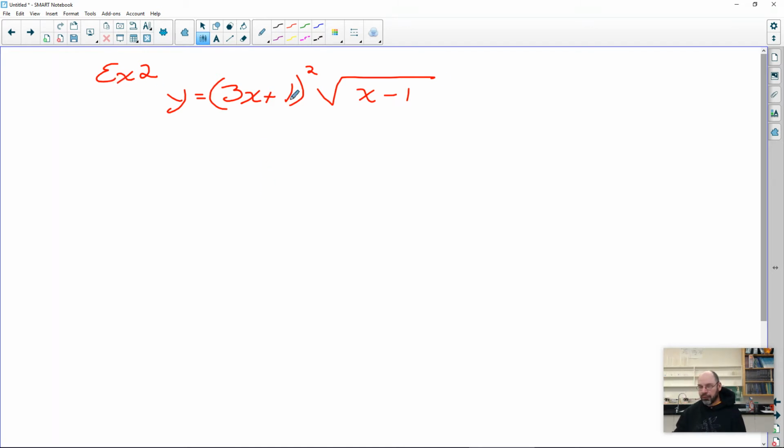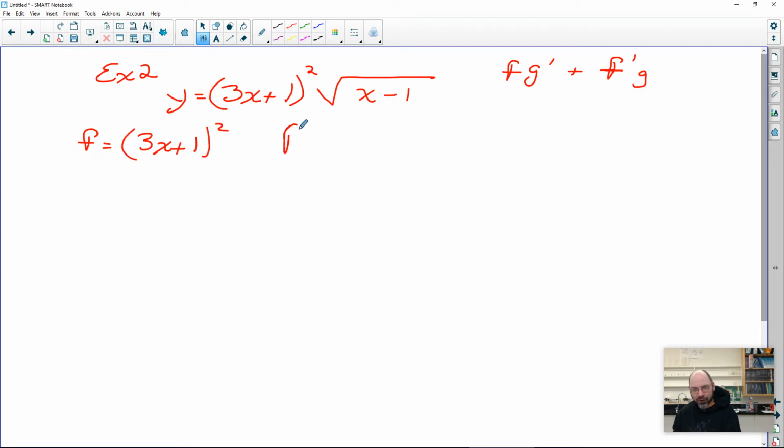We're going to do f g prime plus f prime g, which is our product rule. So we're going to say that f equals (3x plus 1) all squared.